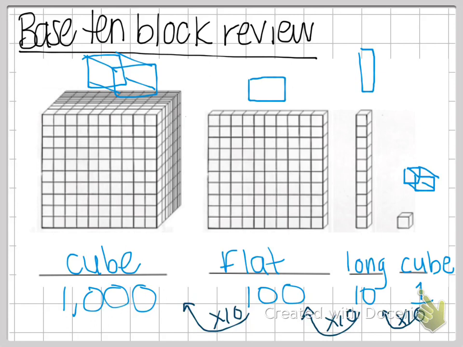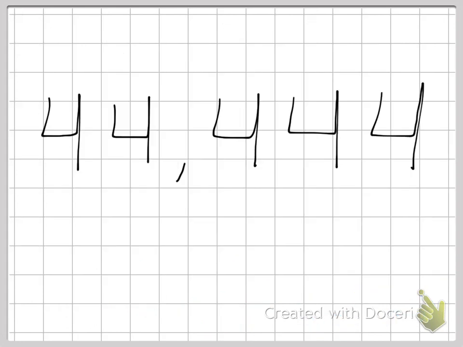We're going to look at this with this next number. Okay, so I have the number 44,444. Now the reason why I want to draw particular attention to this is because I want you to recognize the value of each one of these fours. So the value of this 4 in the ones place is worth 4.